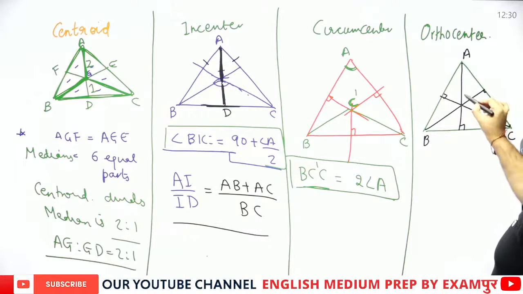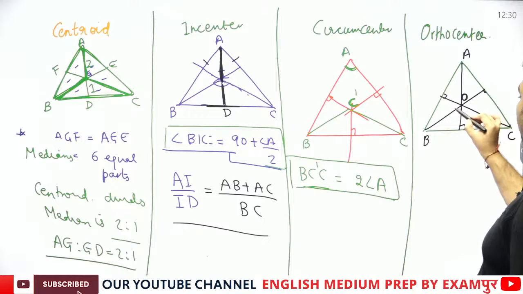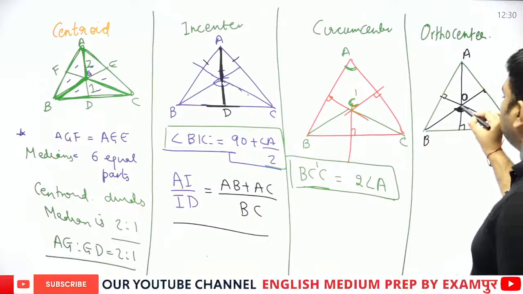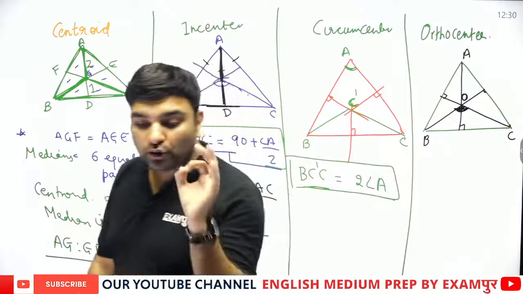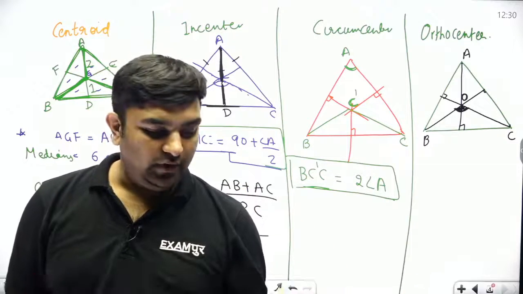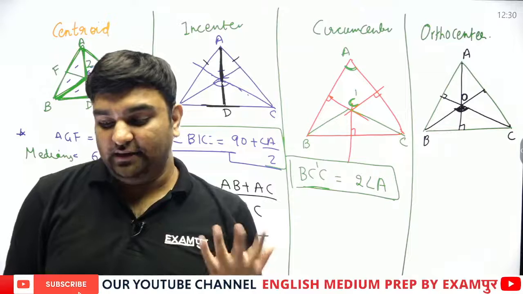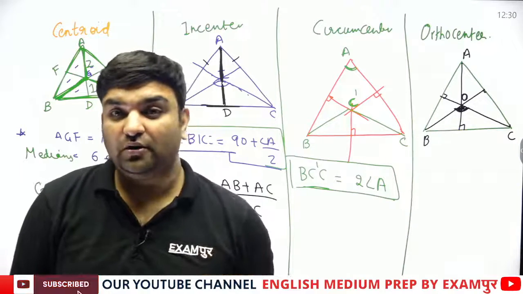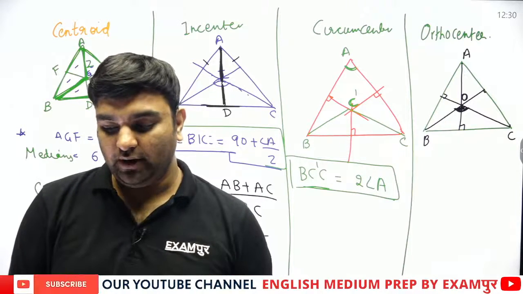Here the maximum error happens. For orthocenter, it's also different. We are not going into derivations. Otherwise, I can derive them, but it will consume a lot of time.